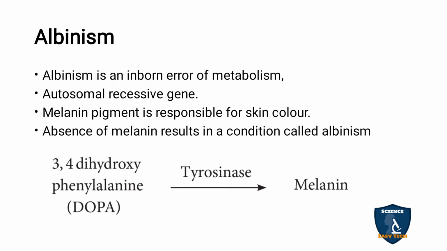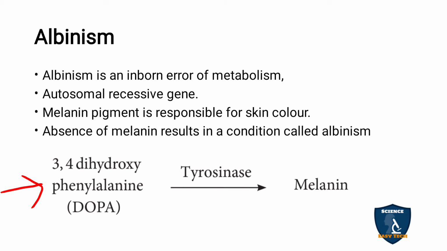Albinism is also an inborn error of metabolism, and it is an autosomal recessive gene. Melanin pigment is responsible for skin color, and absence of melanin results in the condition of albinism. What happens is that 3,4-dihydroxyphenylalanine, DOPA, has to convert to melanin.